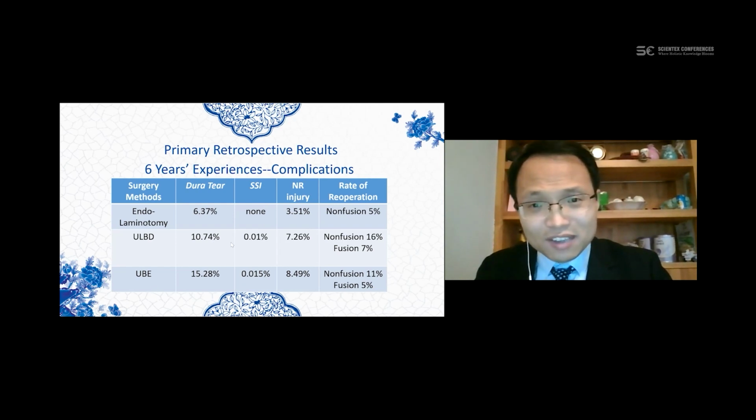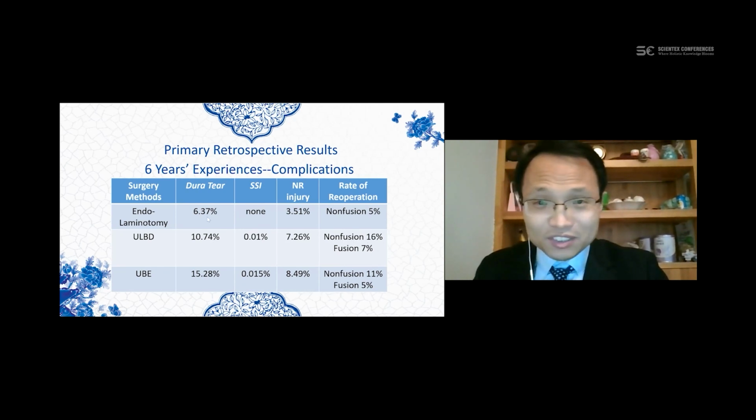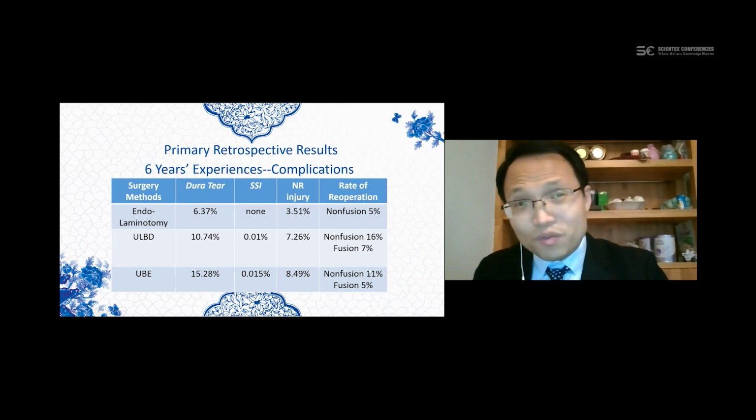These 3 surgeries have a much lower surgical site infection rate compared with traditional open surgery, and nerve root injury is almost the same. The rate of reoperation is also one of the complications. Over 6 years, non-fusion for 1-level lumbar stenosis is an independent risk factor for reoperation.